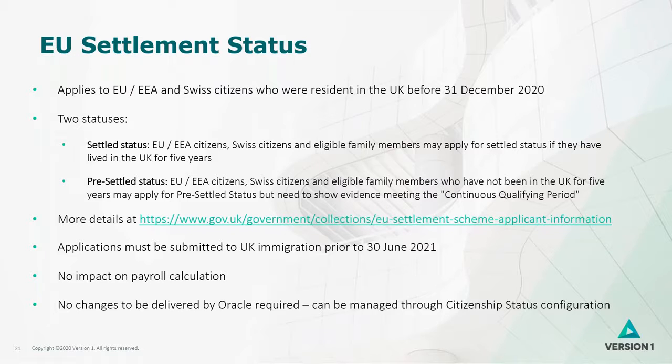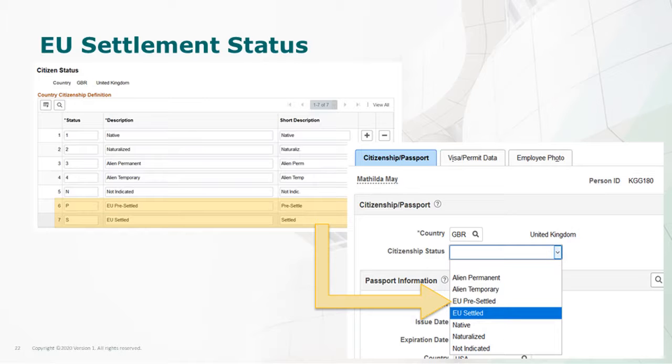As I mentioned, there's no real impact on the payroll calculation here, and in fact, Oracle aren't going to be delivering any changes for this. They have provided some instructions on how this can be managed via the citizenship status configuration options within the application. So this is pretty straightforward.